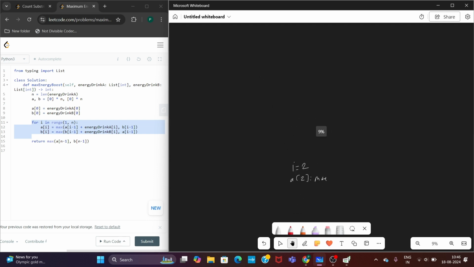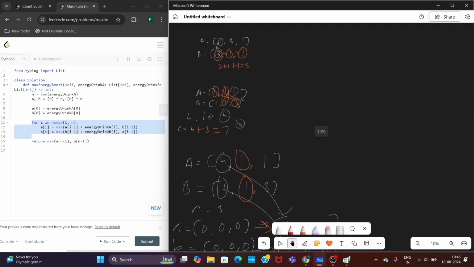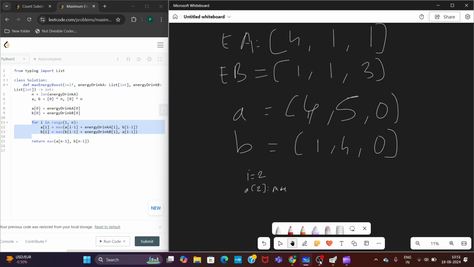Let me write it here. I, A of I and all such kinds of things. My A is 4, 5, 0 and B is 1, 4, 0, which we have got in the first iteration.